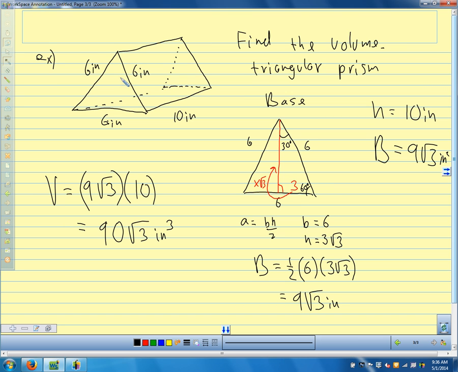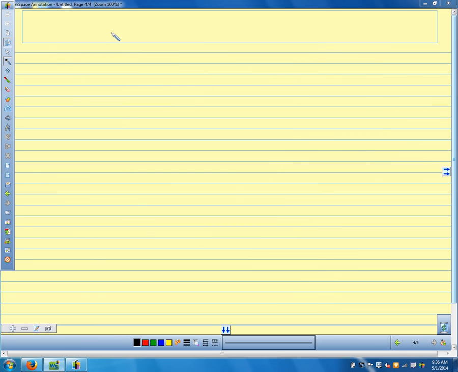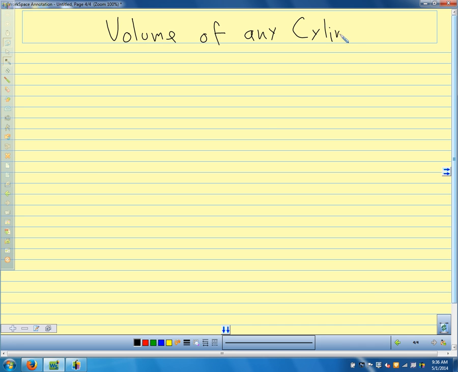All right, let's talk about cylinders. The volume of any cylinder. And I say any because Cavalieri's principle works for cylinders as well.